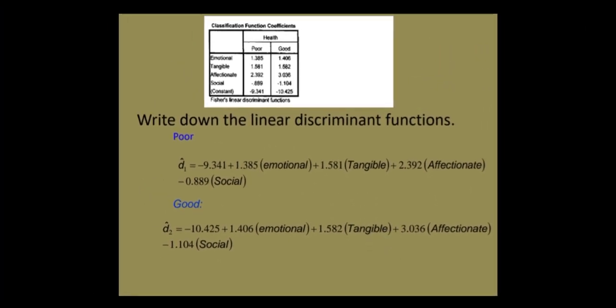Okay, we grab the information from the output, then we can write down the linear discriminant function. So this function yang kita akan gunakan to classify whether the new patient is with good health status or poor health status.